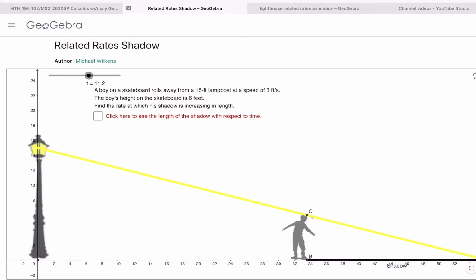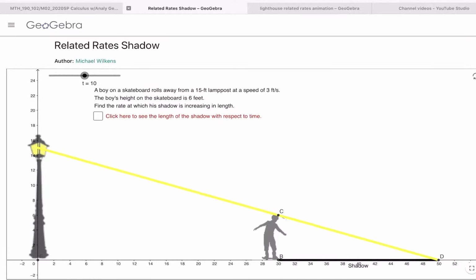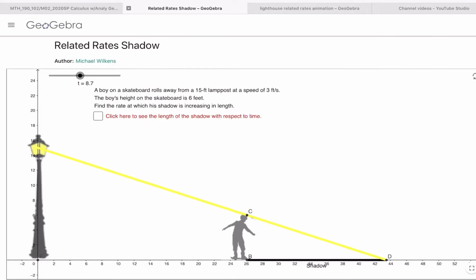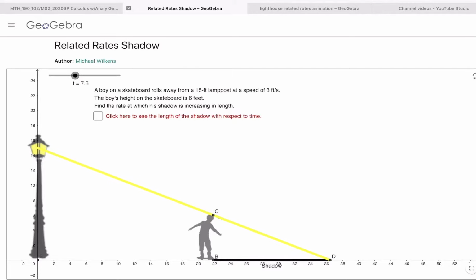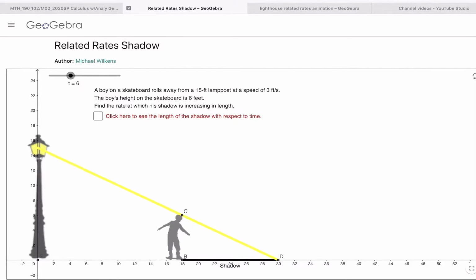For us, he's actually walking back towards the light at a speed of 5 feet per second. So let's bring him back towards the light. Again, I'll try to do this at a constant speed with my finger, and you want to look at how fast, in this case, his shadow is getting smaller.